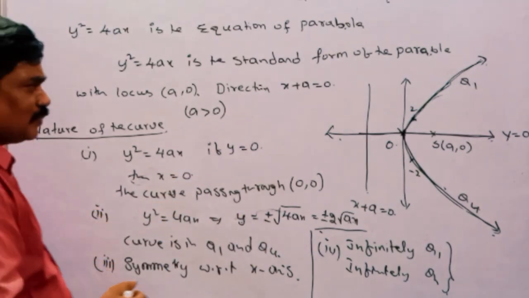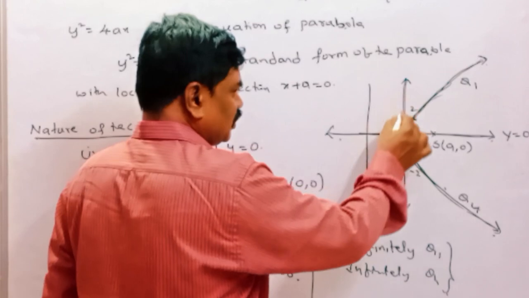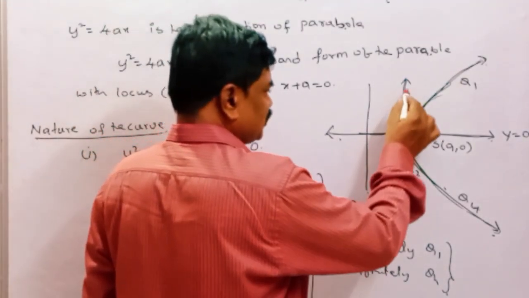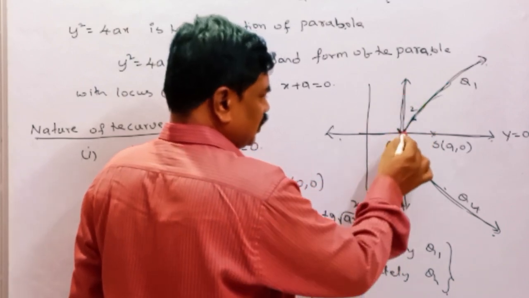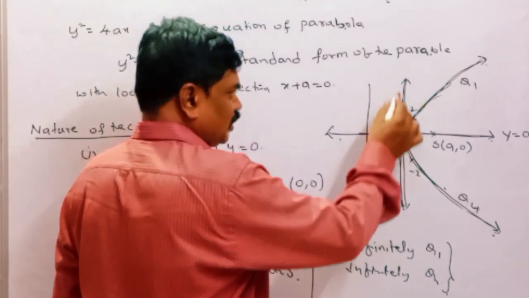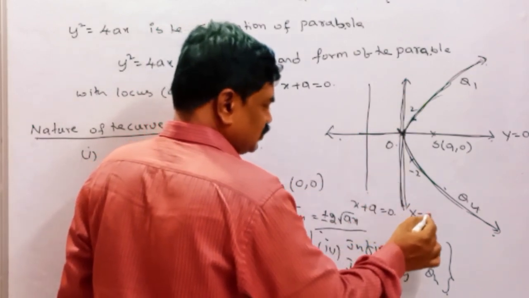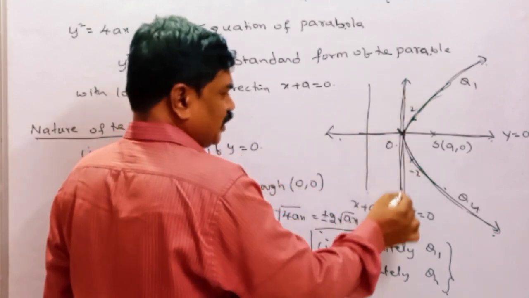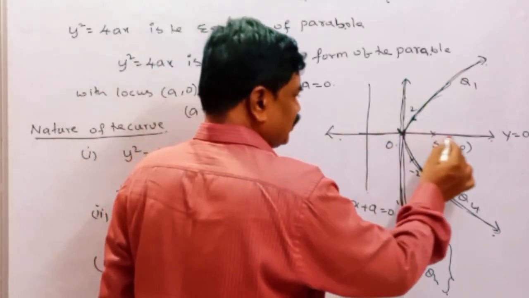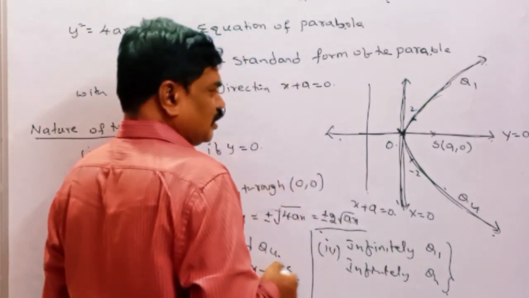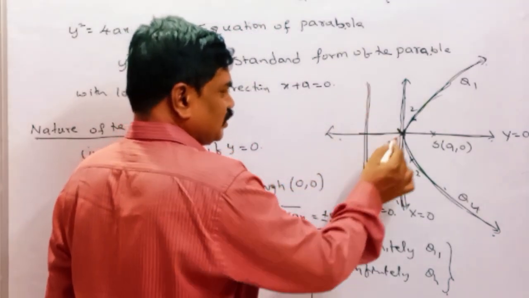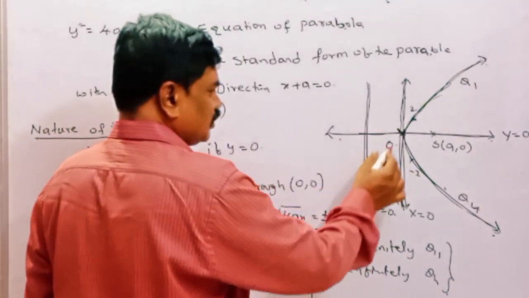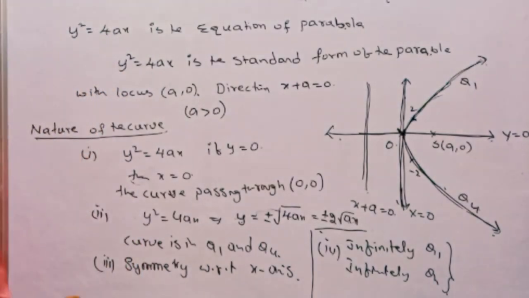Now see, the origin is the vertex. The tangent at the origin is the line x is equal to 0, the y-axis. It is perpendicular to the x-axis, parallel to the directrix, and perpendicular at (0, 0).